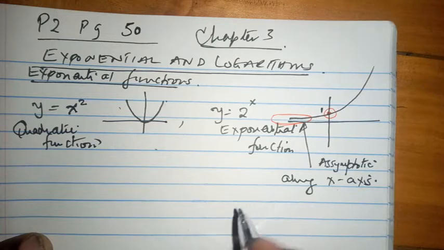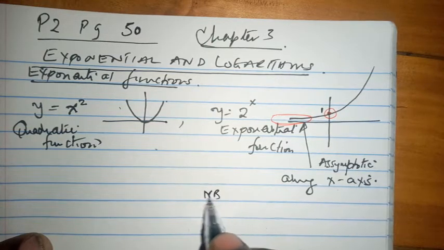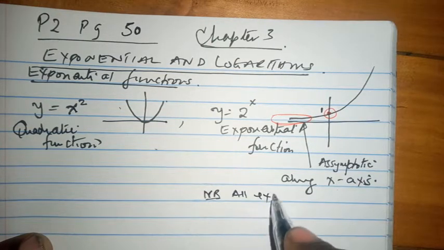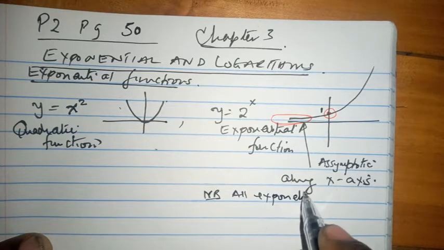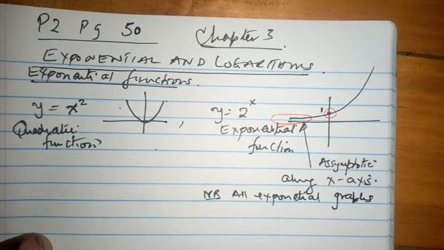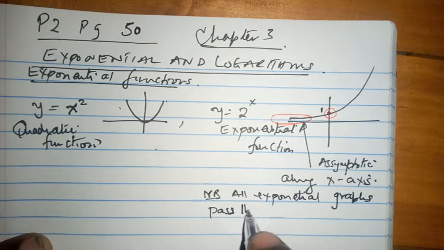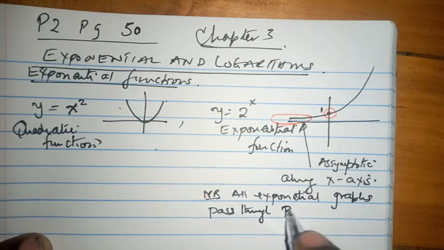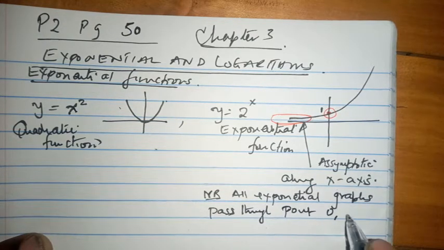That particular point is very important, and it says that all exponential graphs pass through the point (0, 1).